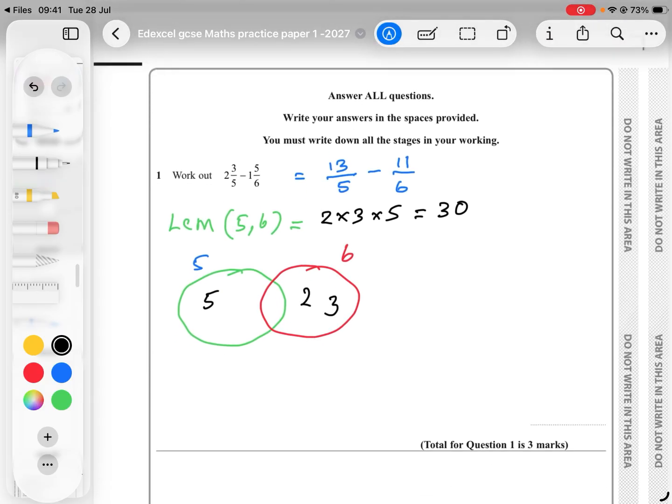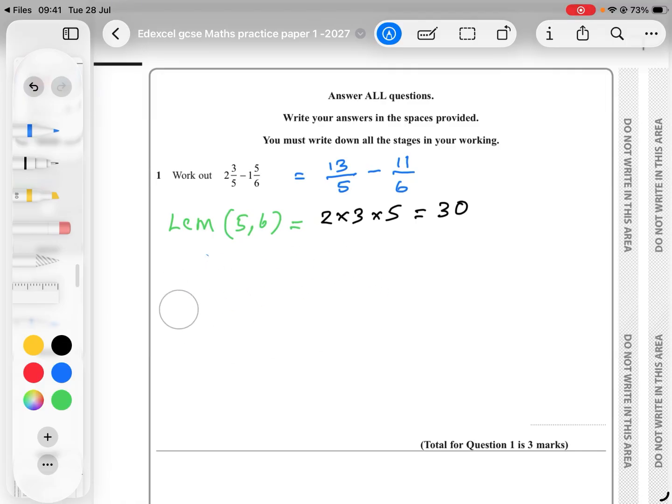Next, 13 over 5, you need to change to 30. So you have to multiply up and down by 6, times 6.